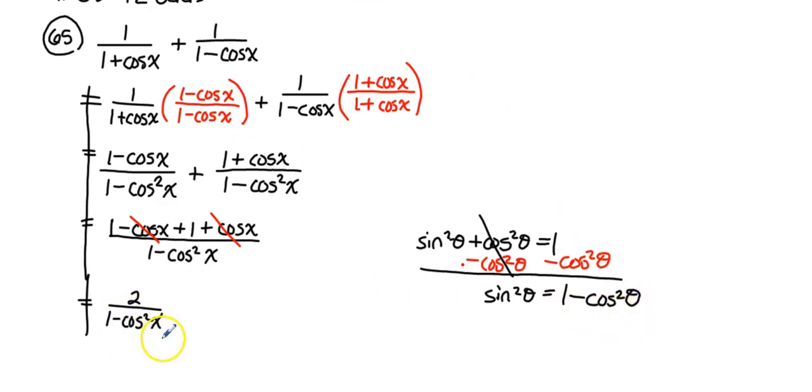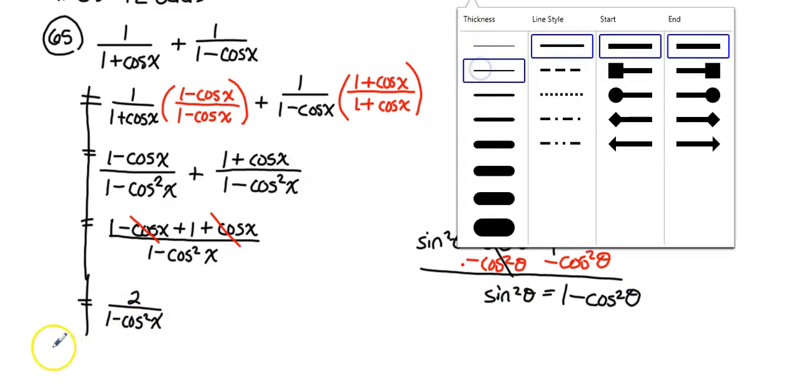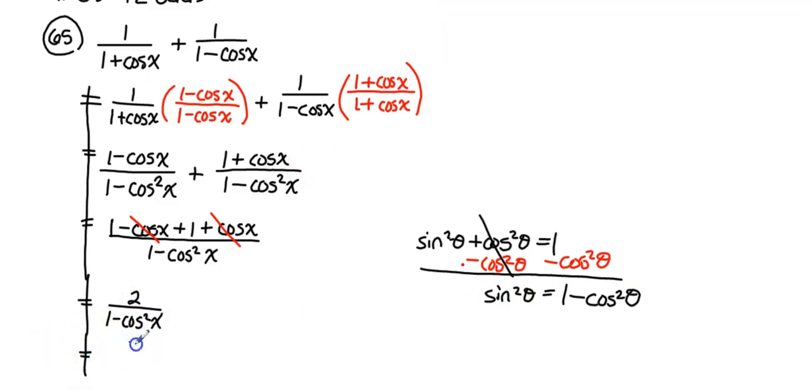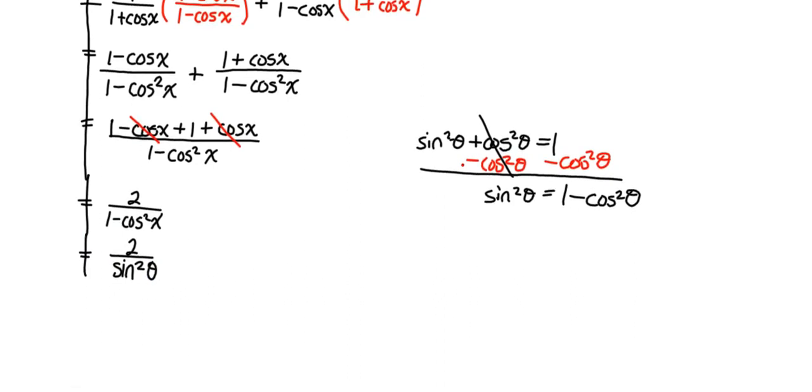Check it out. 1 minus cosine squared theta. I'm just going to highlight it to make it clear. 1 minus cosine squared. I now know from this identity that that equals sine squared. So I can now write this as 2 divided by sine squared theta. I'm not done yet though, because I can keep going just a little bit.